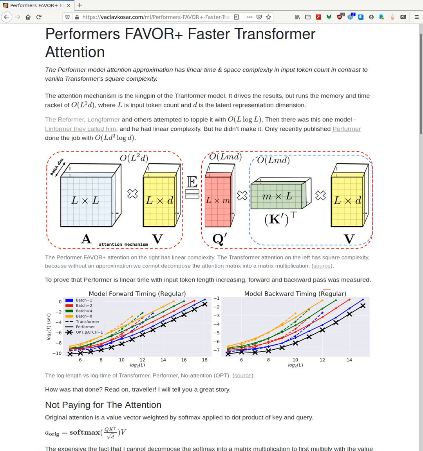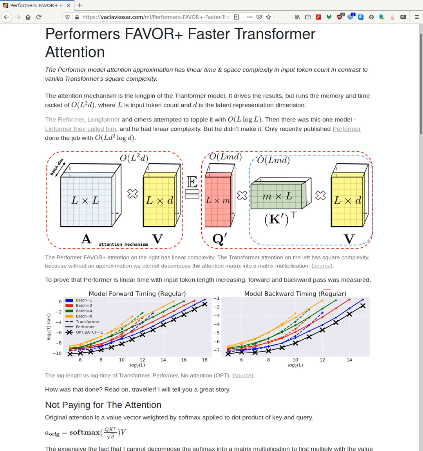The attention mechanism is the kingpin of the transformer model. It drives all the results, but it also runs up a memory and time bill with squared complexity in the input token count L and the latent representation dimension D. The Reformer and Longformer attempted to topple the dominance of the original transformer with complexity L log L in the sequence length, but that's not quite good enough.